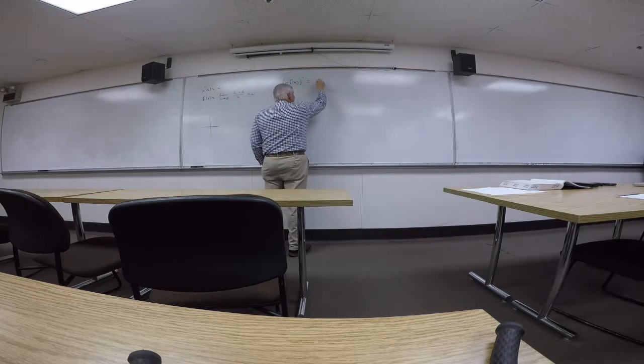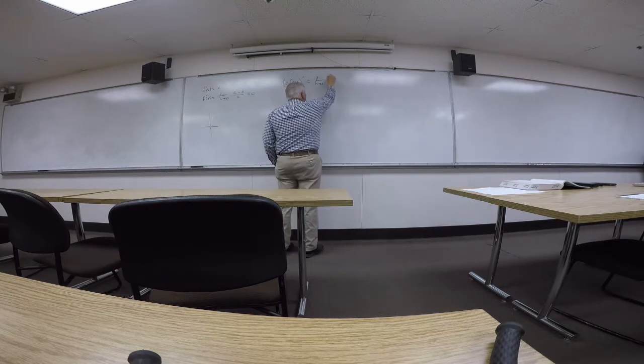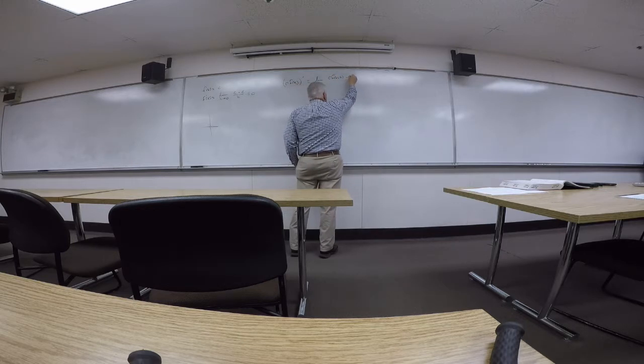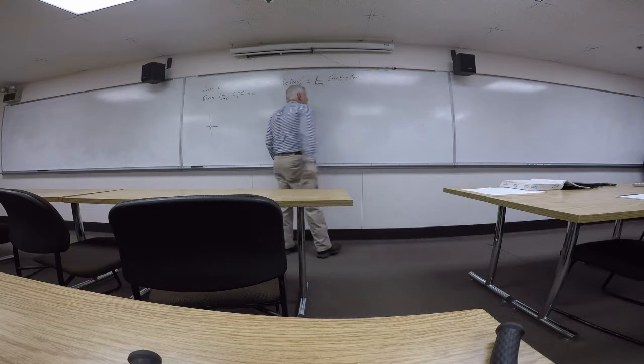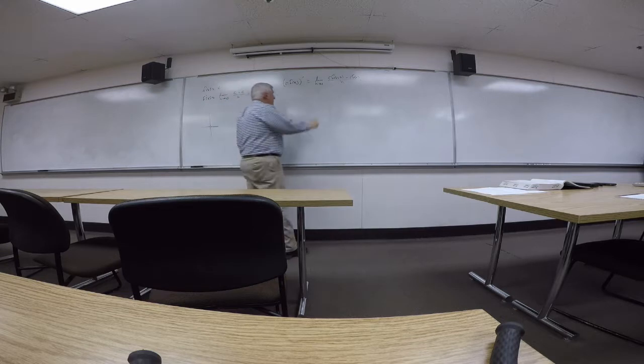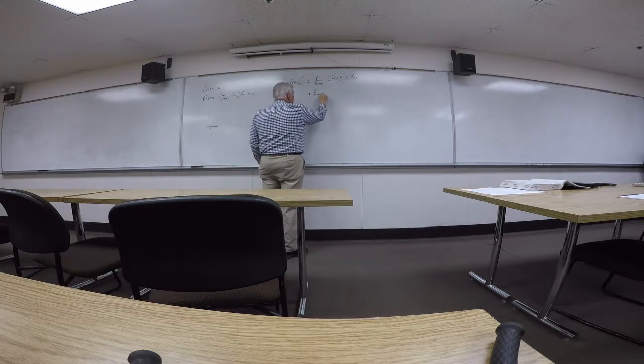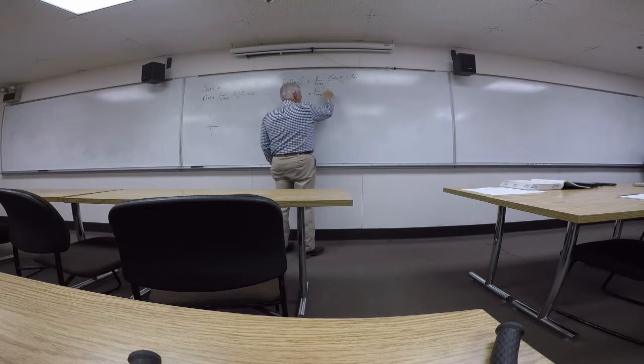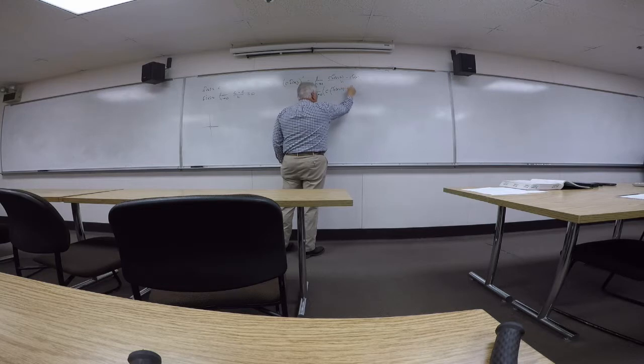Definition says this is the limit as h approaches 0 of c times f of x plus h minus c times f of x over h. c is a common factor, so this is the limit as h approaches 0 of c times f of x plus h minus f of x over h.